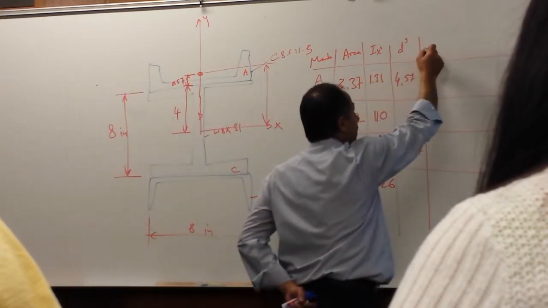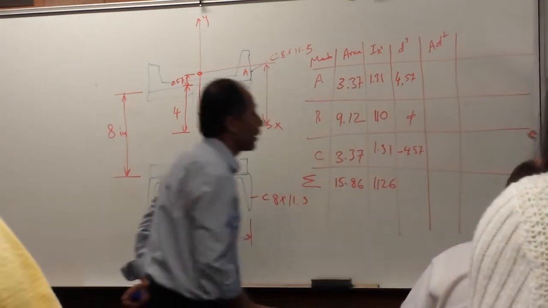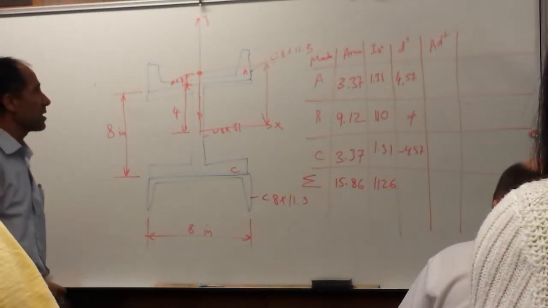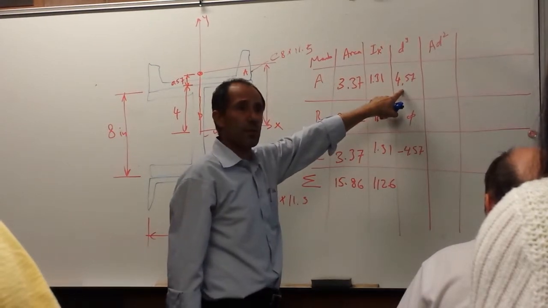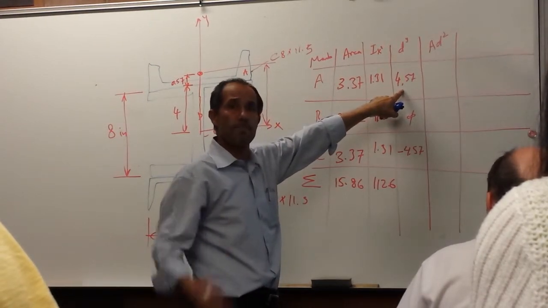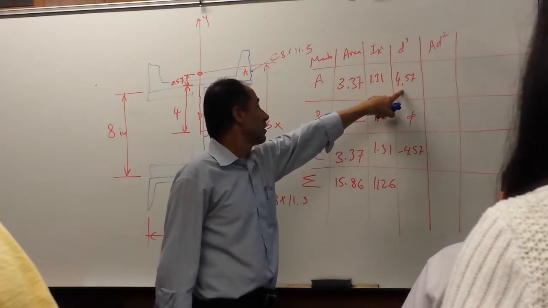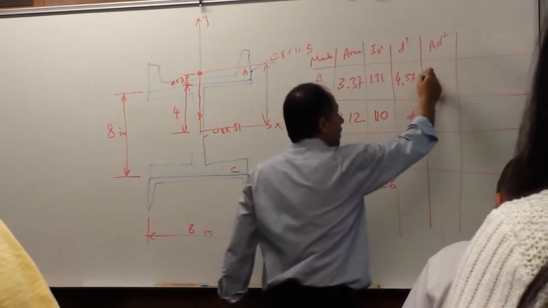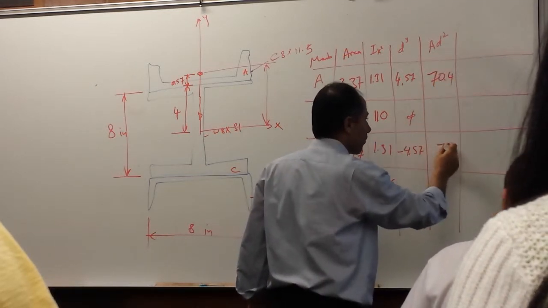AD squared here. AD squared, 3.37 times 4.57 squared is, calculator, 70.4. Then this is 70.4.